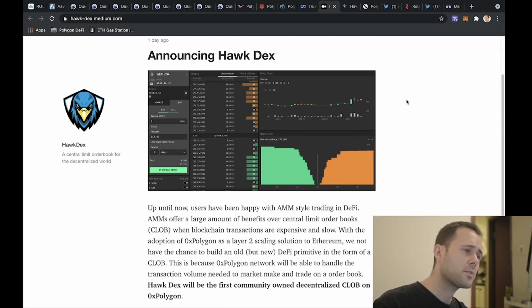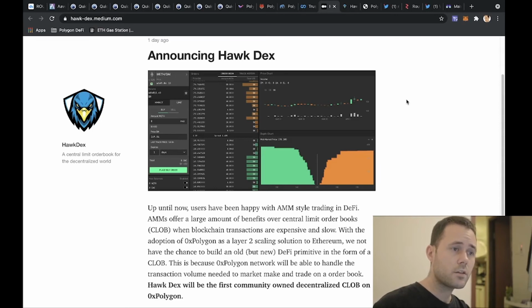Where before, with Ethereum and even Binance Smart Chain to a point, we used that swap system with the slippage to avoid a transaction failing, and we have to pay a transaction fee. That's my understanding of it. If I'm wrong, feel free to let me know in the comments below.